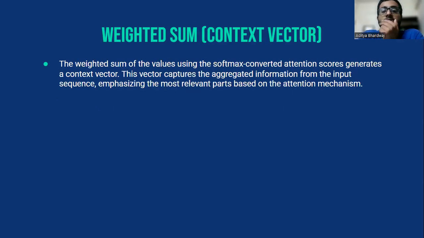Talking about weighted sum context vector, the weighted sum of the values using the softmax converted attention scores generates a context vector. The vector captures the aggregated information from the input sequence, emphasizing the most relevant parts based on the attention mechanism.